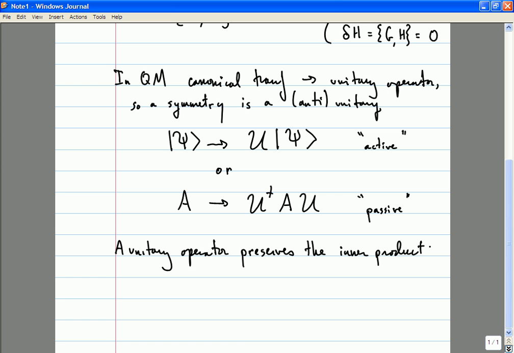So if you take the inner product between two states, alpha and beta, then for a unitary operator, that is just the inner product of the action of U on the bra alpha, where it acts with the dagger, which is really just the definition of Hermitian conjugate, I suppose, times the action of U on the ket beta. So it preserves the inner product.